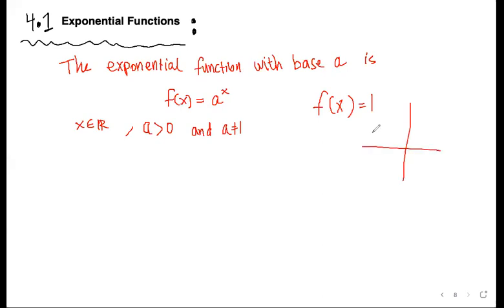The graph for this one is a horizontal line, y equal 1, crossing the y-axis at the point 1. That's why a is not equal to 1, because if a equals 1 it will not be an exponential function, it will be a constant function.